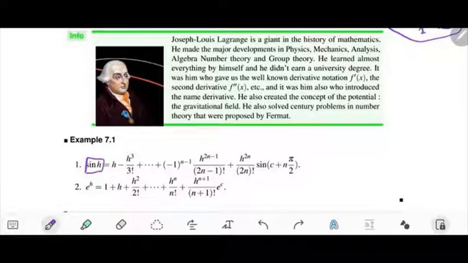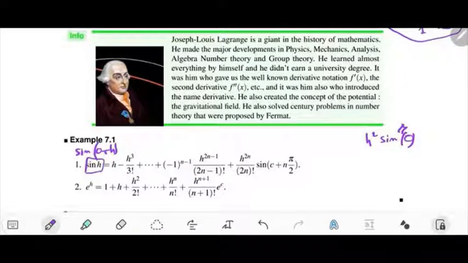Because this term, the h^2, will be multiplied by the second derivative of sine at the point 0, because here we are calculating sin(0+h), so a is equal to 0. And the second derivative of sine at the point 0 is -sin 0, which is equal to 0. So all the even order terms vanish, and we are left only with the odd terms.